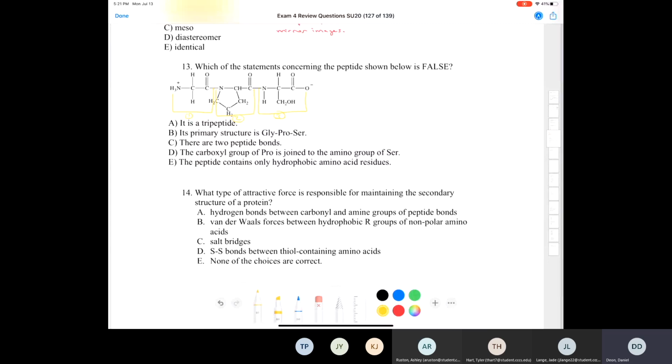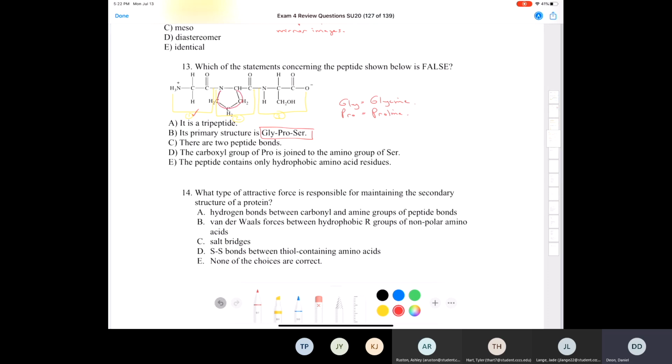It says its primary structure is Gly-Pro-Ser. I don't ask you to memorize what all of these mean. I would give you a table with these, but Gly stands for glycine, and I'm sure that somebody who did the review looked this up and could corroborate that this is in fact glycine. The second one, Pro, stands for proline. Proline is a very unique amino acid because there's no hydrogen attached to this nitrogen. It's part of a ring.